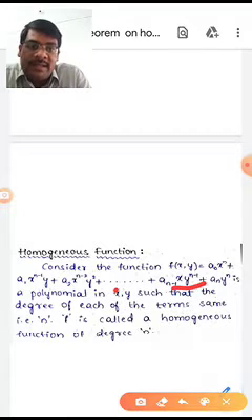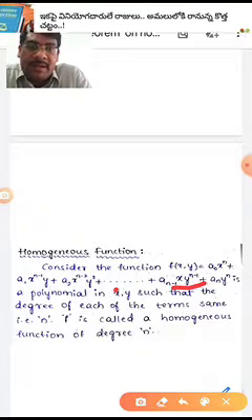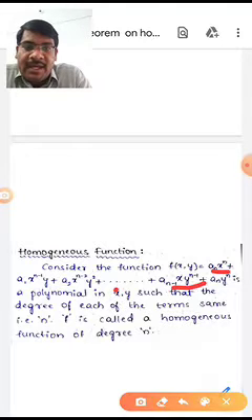Here each term of this polynomial has degree n. The first term, a naught x power n, has degree n. The term x power n minus 1 into y has x degree n minus 1 and y power 1, so adding n minus 1 plus 1 gives n.